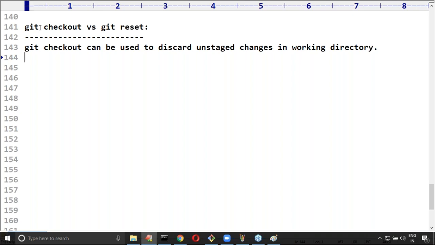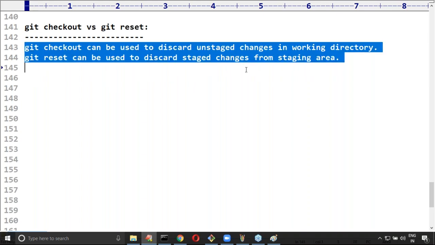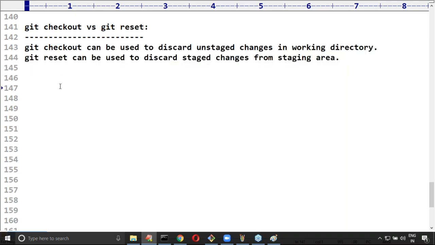But git reset can be used to discard staged changes from the staging area. One talks about the staging area, the other talks about the working directory. Is it clear? Git checkout versus git reset.